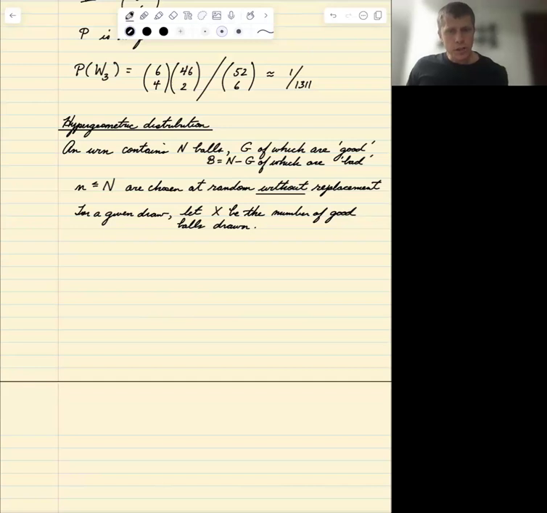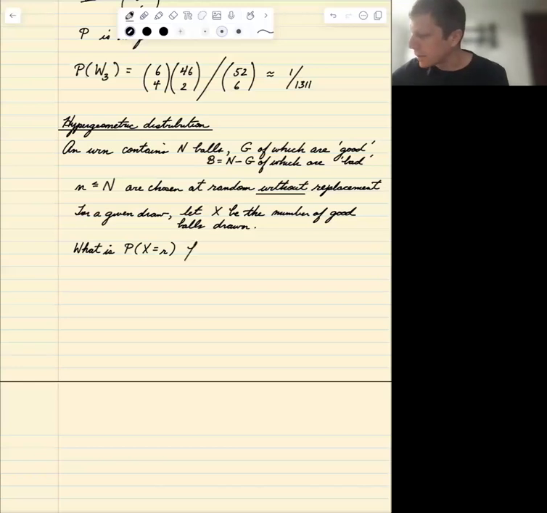So now what we want to do is calculate, what is the probability that X is equal to little r for each of the possible values of little r. So out of little n draws, we have capital N balls.